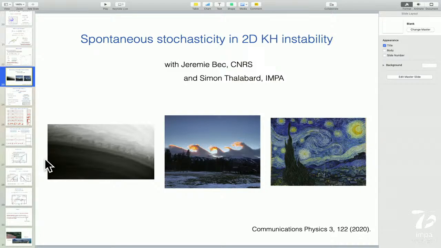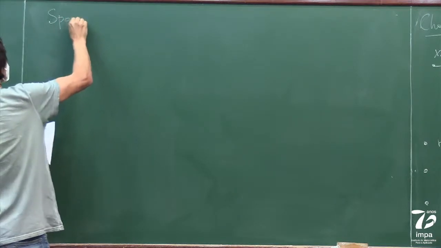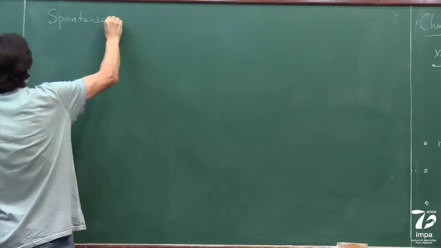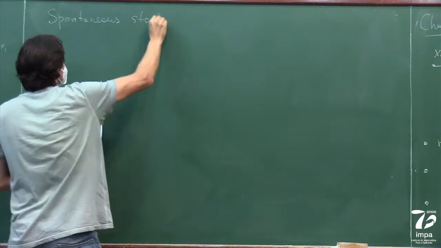What we saw, what can be proved for ordinary differential equations and what can be verified for more complex systems, including real fluid dynamics, is that we apparently see spontaneous stochasticity.